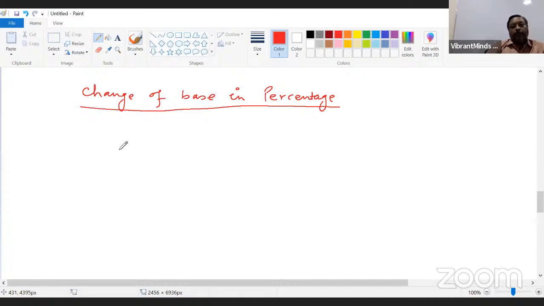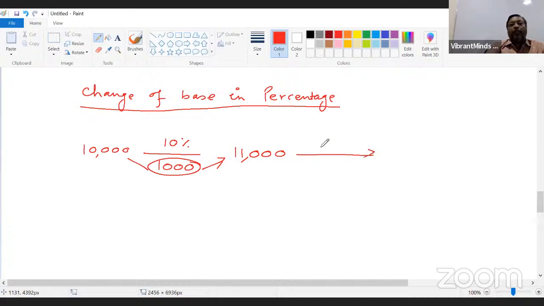Suppose a man's salary is 10,000. If his salary is increased by 10%, that means his salary will increase by how much? 10% of 10,000, and that will be 1,000. So how much will his new salary be? His new salary will be 11,000, because that 1,000 will get added, and now he will be getting 11,000.